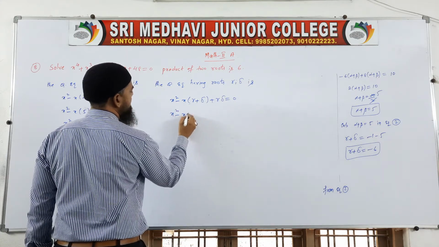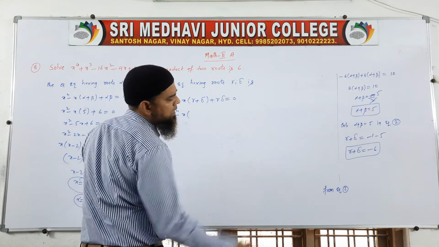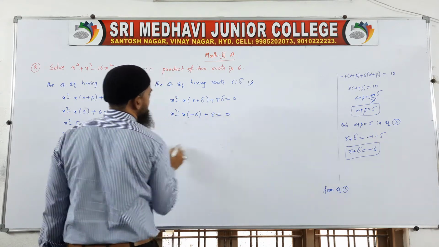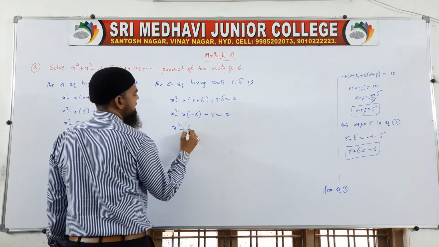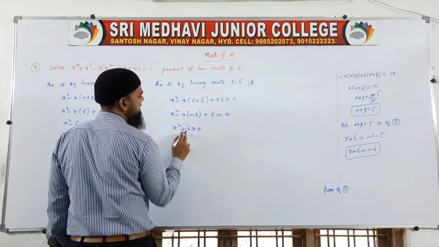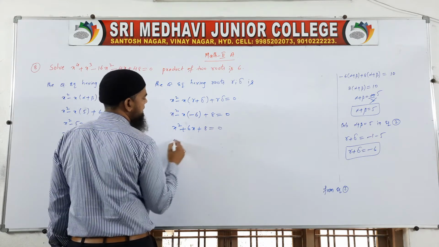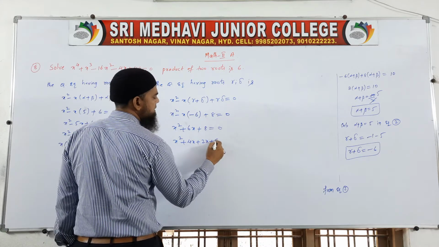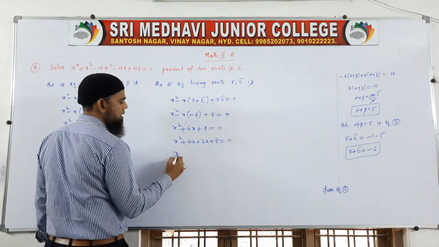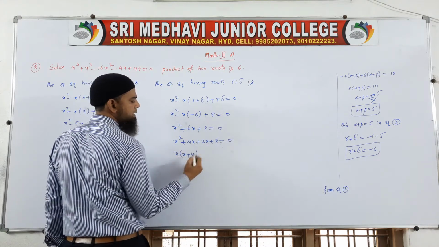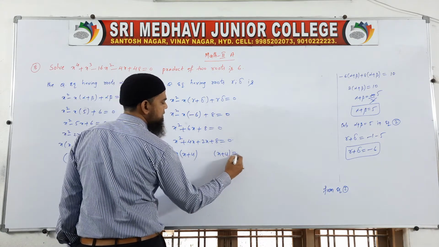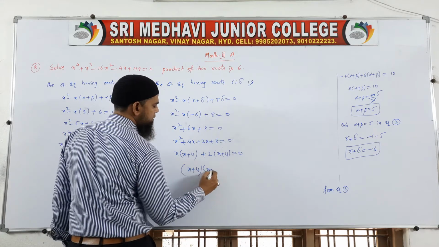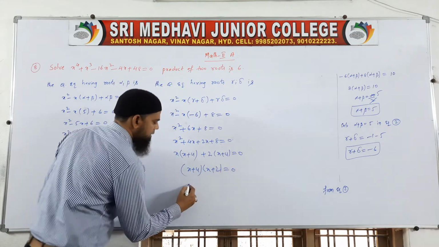X square minus x into, what is gamma plus delta? That is minus 6. You know gamma delta is 8, equal to 0. So x square plus 6x plus 8 is equal to 0. X square plus 4x plus 2x plus 8 is equal to 0. Taking x common, it becomes x plus 4, and plus 2 outside. X plus 4 into x plus 2 is equal to 0.